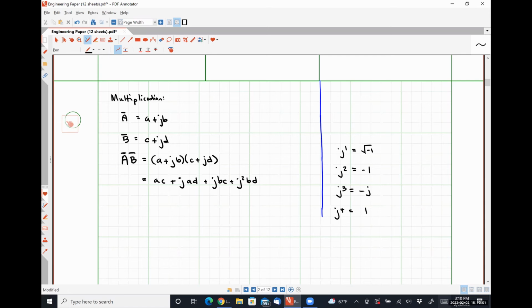I can go the other direction as well. J to the 0th power is 1, because anything to the 0th power is 1. J to the -1 power is 1 over the square root of -1. I could multiply that by the square root of -1 over the square root of -1, and this would give me -J.